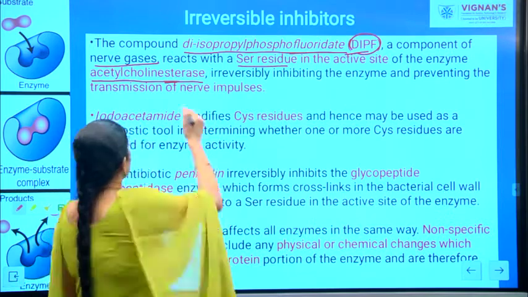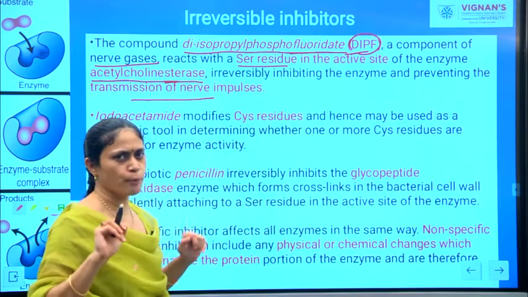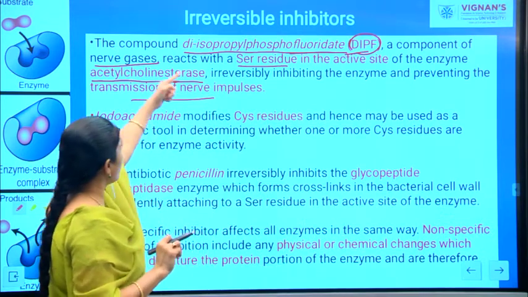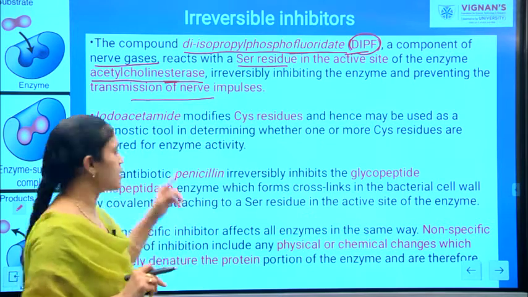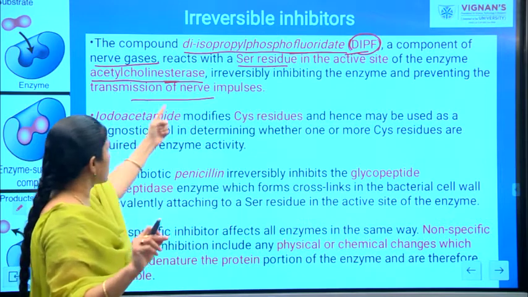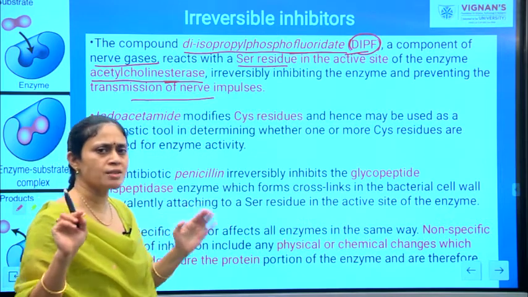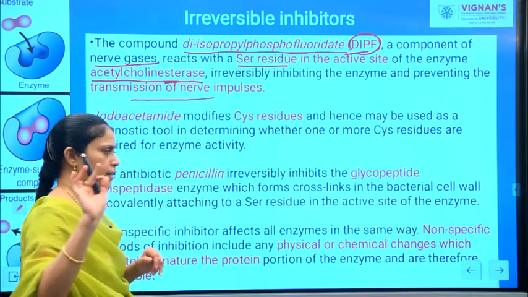Because of this, the transmission of nerve impulse is getting stopped. Because of binding of this particular inhibitor to the active site of acetylcholine esterase, nerve impulse transmission is getting stopped. I'll explain with another example.